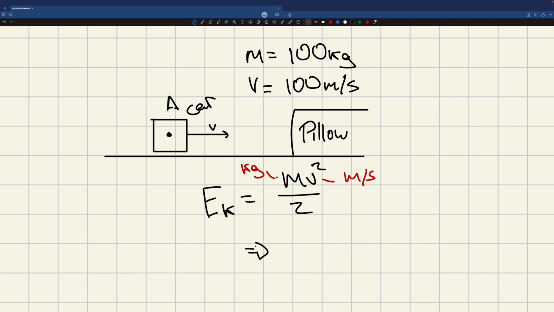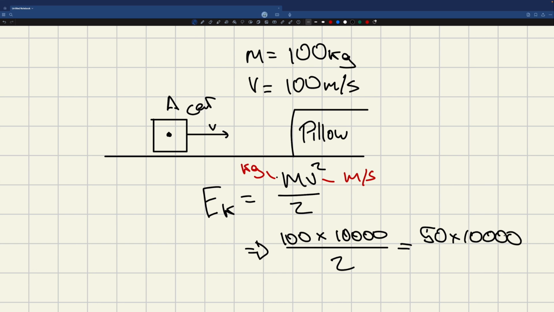So therefore, my car must have a kinetic energy of 100 times velocity squared, so 10,000, divided by 2, which is simply equal to 50 times 10,000, which is equal to 500,000.